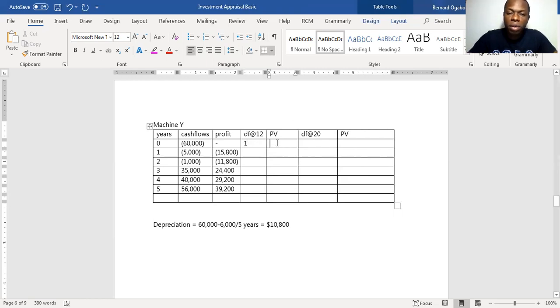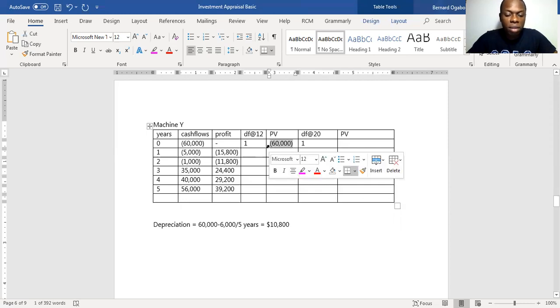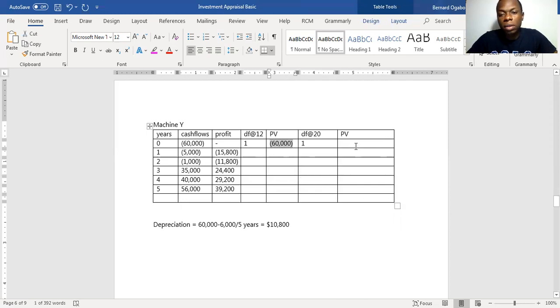Present value at year 0 is the value of the outflow, 60,000. Discount factor at year 0 is 1. Present value at year 0 is equal to the volume of the initial outlay.